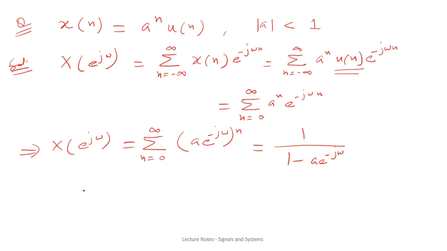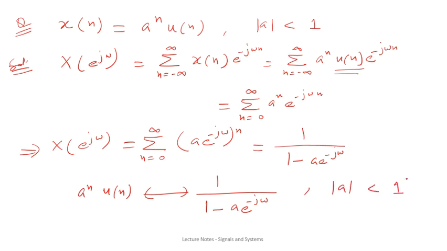So what you get from here is that the Fourier transform of this given signal a raised to the power n u[n] is 1 over 1 minus a e to the power minus j omega, with a having magnitude less than 1.